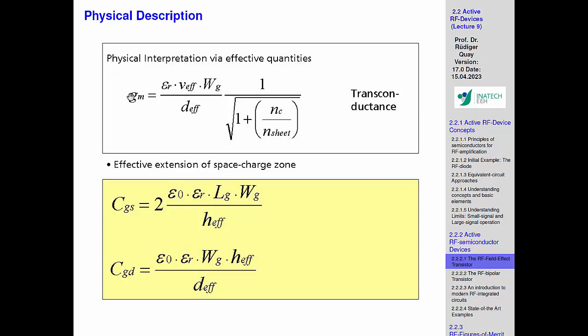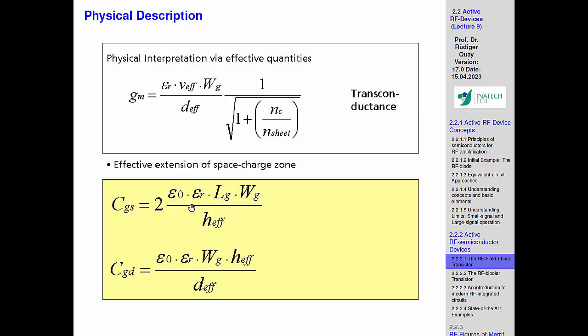Yeah? But there's also a drawback, because there's not only the transconductance, but there's also the capacitive effect. So the trouble is that the same way the transconductance runs up, in a similar way, the two capacitances, which are also present, are also moving up. So they have very similar formulas.